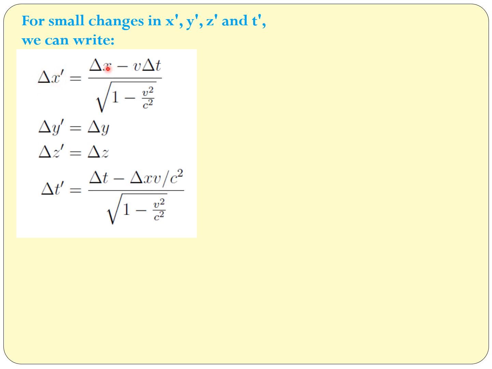So delta x prime equals delta x minus b delta t, times 1 by root 1 minus b square by c square, which is a constant term because b is constant, c is constant. And delta y prime will be delta y, delta z prime will be delta z, and delta t prime will be delta t minus delta x b by c square, times 1 by root 1 minus b square by c square, which is also constant. So these are the small changes in x, y, z and t coordinates.